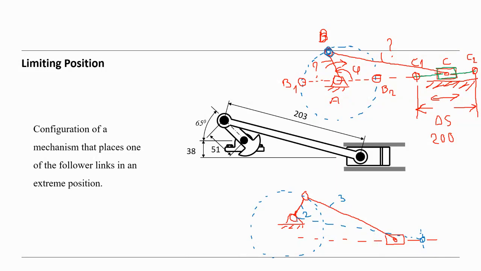This is one of the limit positions. Let's say this is A, and A1 here. And then this is the coupler here.